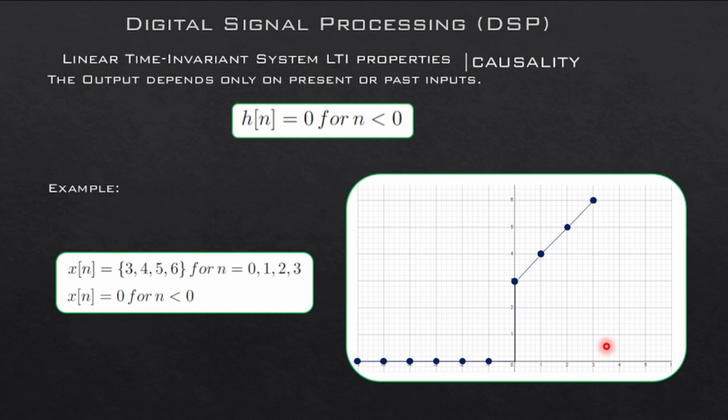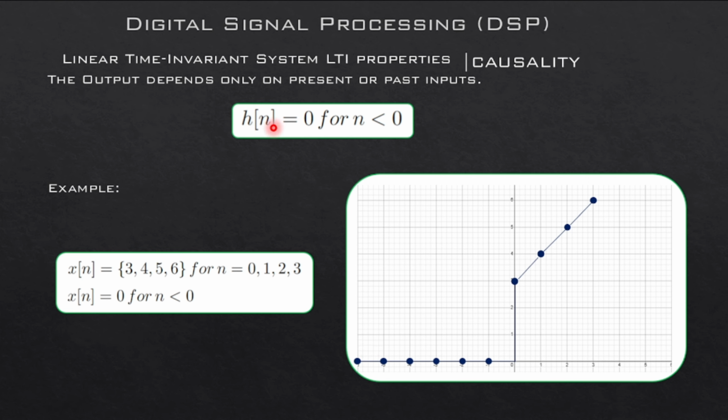So hn has values for n greater than or equal to 0. Meanwhile, whenever n is less than 0, all the values would be null. So the system does not have any values below n equals 0.